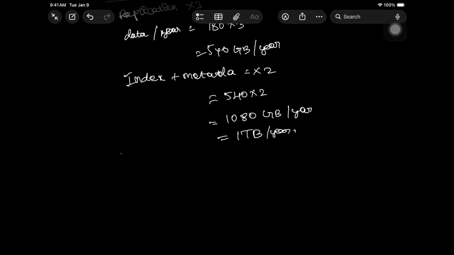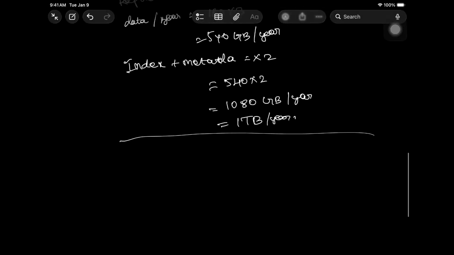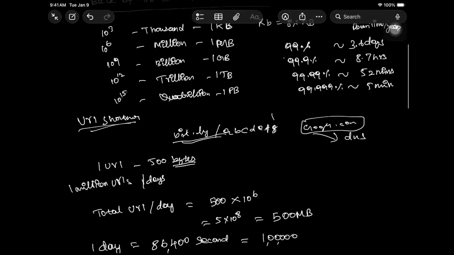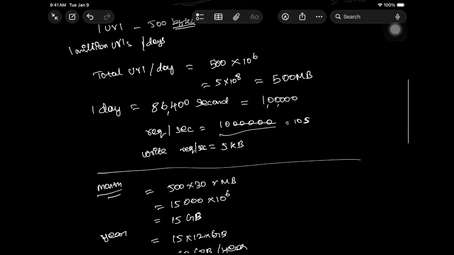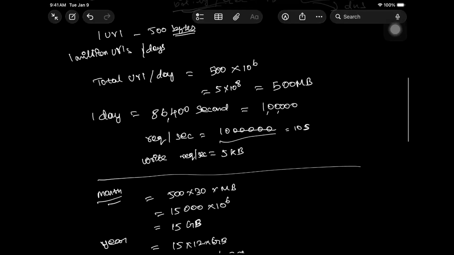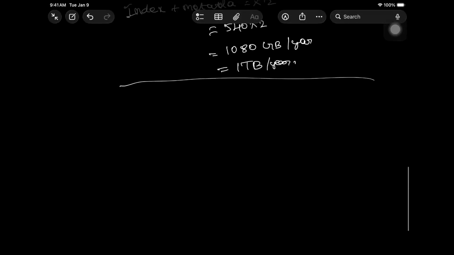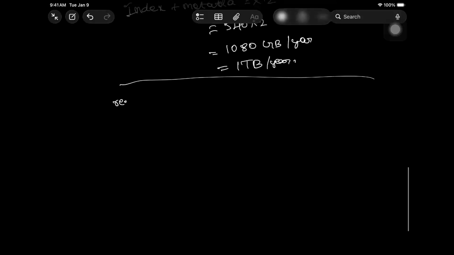And our request per second is 1 million URLs, right? And in that 10 to the power 6 requests we will get. So reads would be 10x reads, 10x writes, correct. So what is the write volume?